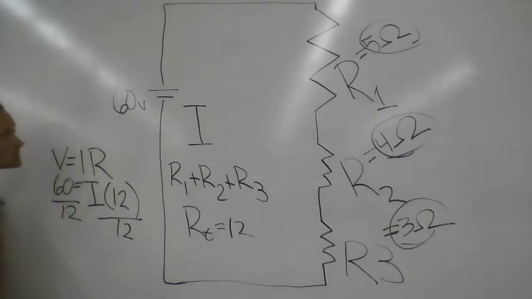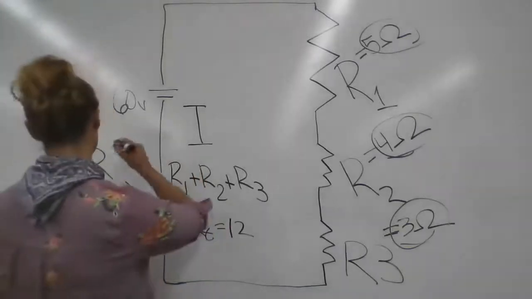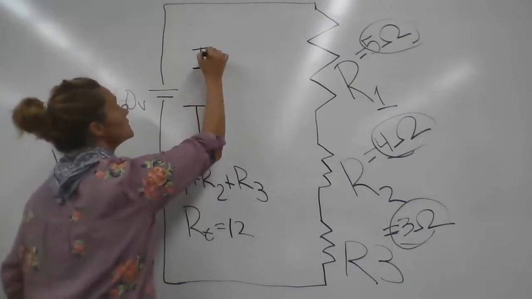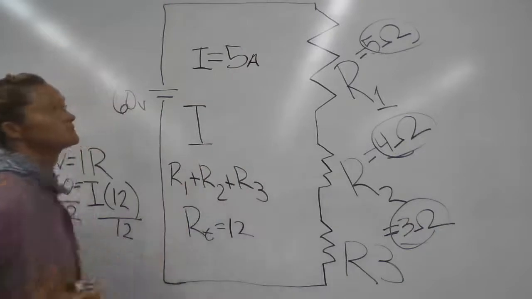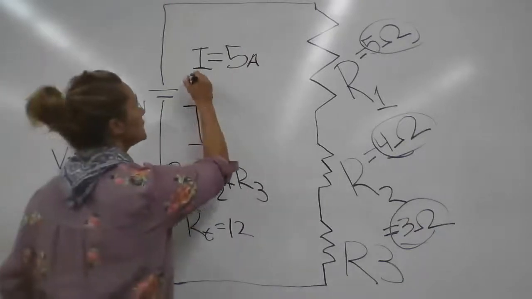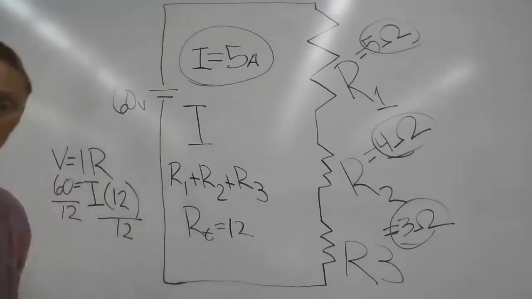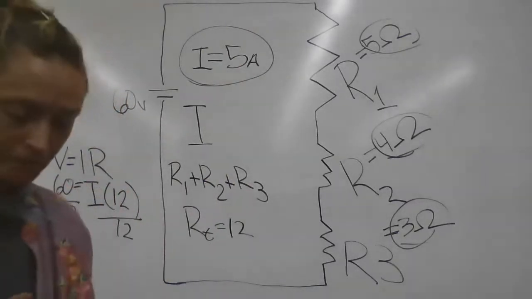And what does that give us? 60 divided by 12 is 5. So our current equals 5 amps. And that's how it would be written in your basic units of measurement. That's the total current for that circuit.